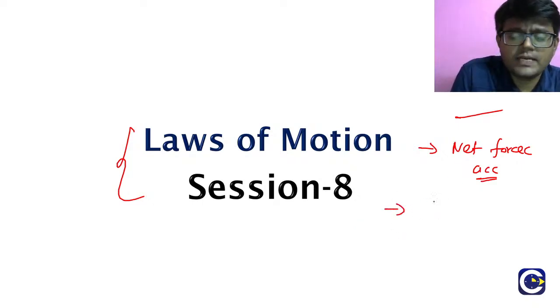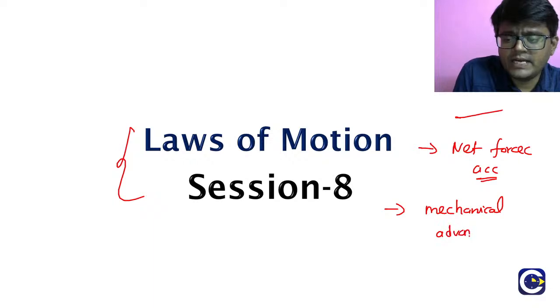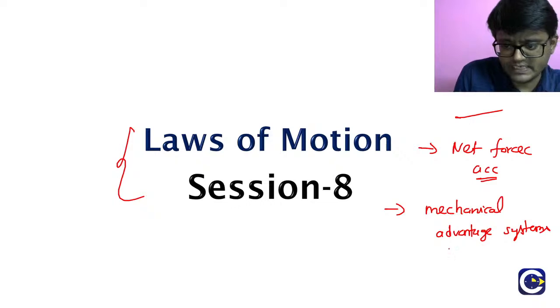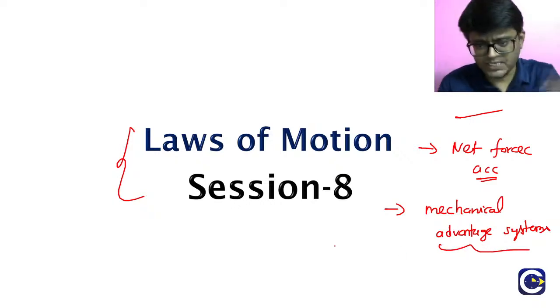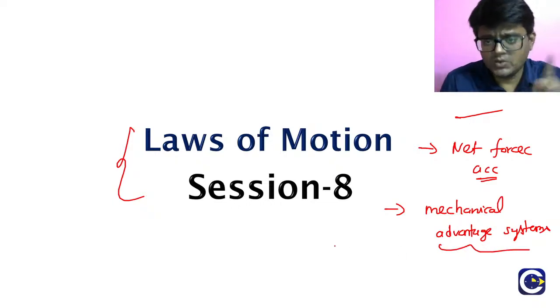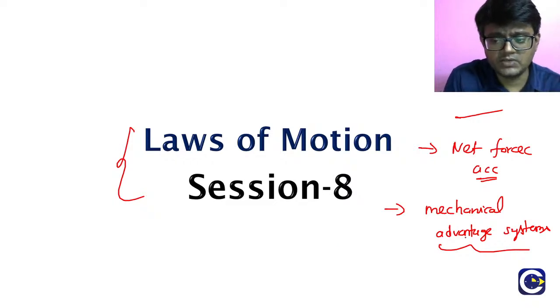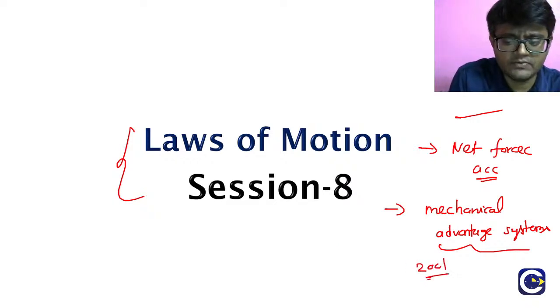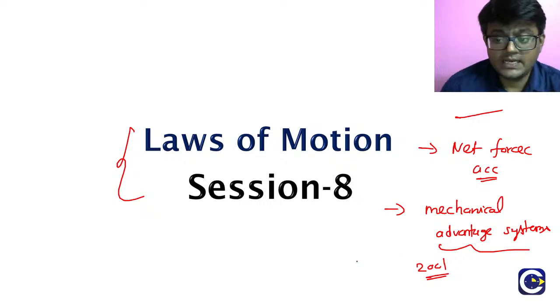After that, we are going to look at the concept of mechanical advantage systems. What are mechanical advantage systems? If you look at previous years' NEET questions, only one time we got a question on this. I think in 2001 we got a question on mechanical advantage systems.